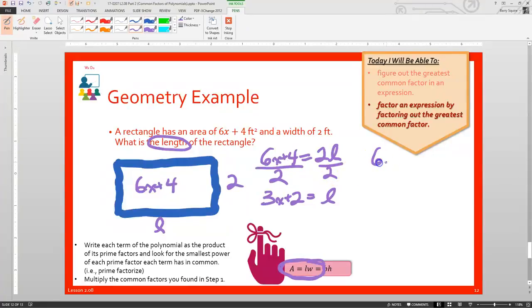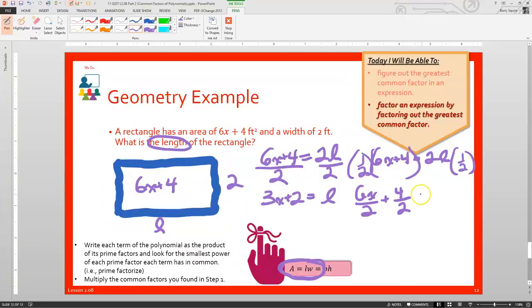So if I've got 6x plus 4 equals 2L, and I multiply both sides by 1/2, then all I need to do is use the distributive property. So I've got 6x over 2 plus 4 over 2 equals 2L over 2.